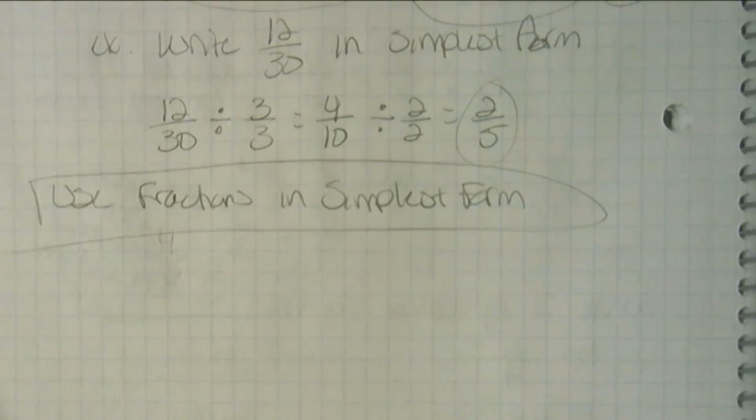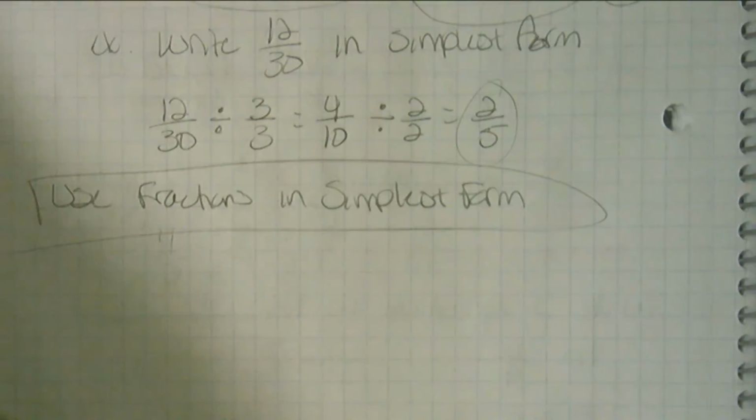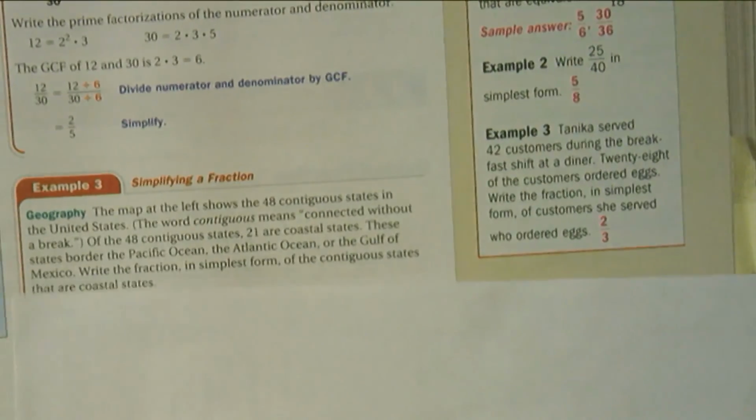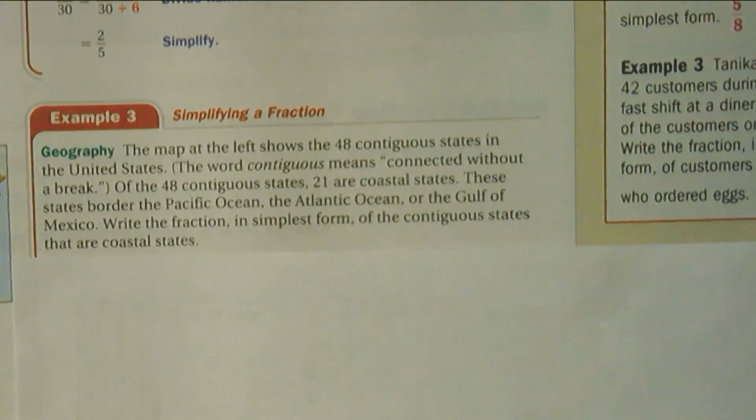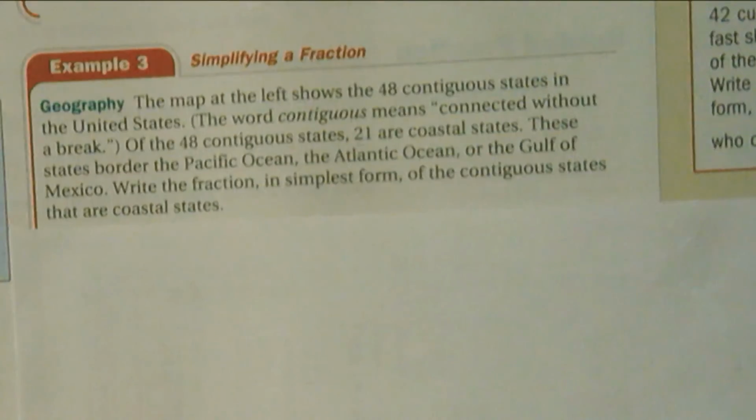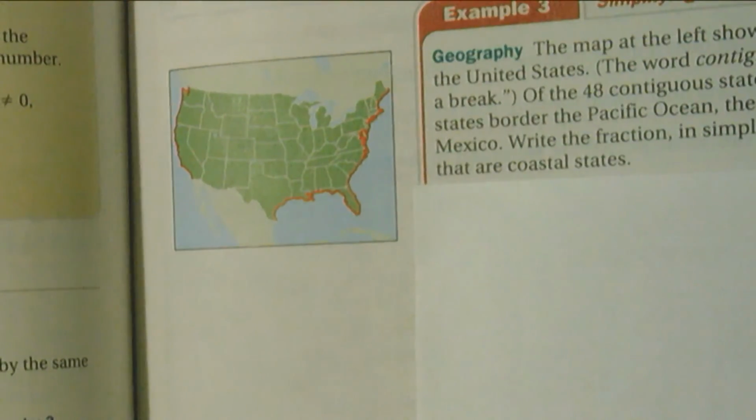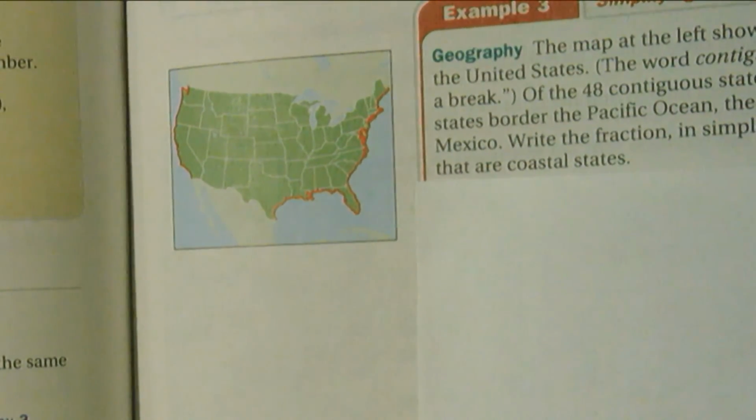Okay. I'm going to show this to you, and I want you guys to write this down. Okay, I want you guys to look at this map. Do you see the red lines on there? The red highlight on there? Yes? Okay.